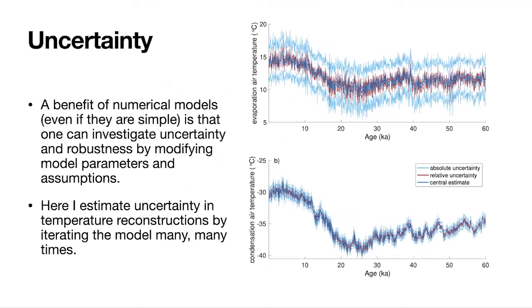So what you're seeing here on the right is the results of me changing the assumptions and parameters I put into the model many, many times, and then redoing the reconstructions of temperature to see how much they change if, for example, I don't know the fractionation factor of O18 over ice very well. And so you can start to estimate quantitatively the uncertainty associated with your temperature reconstructions.